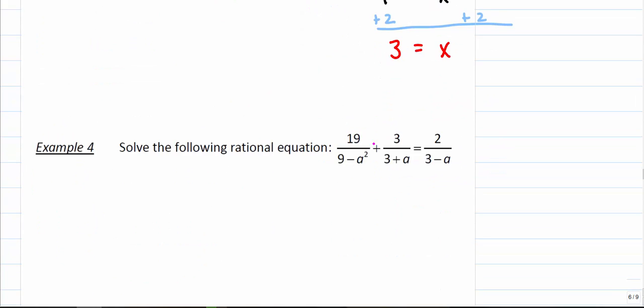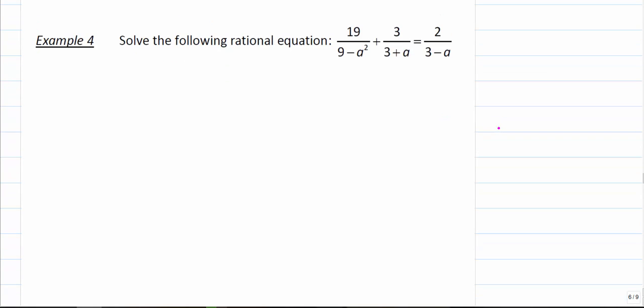All right. What? This is not as bad as it's going to be. The denominator here is really 3 plus a, 3 minus a. And so for my LCD, the most 3 plus a's I see is 1 in any one denominator. I see 1 here and 1 here, but I just need the most, which is 1.